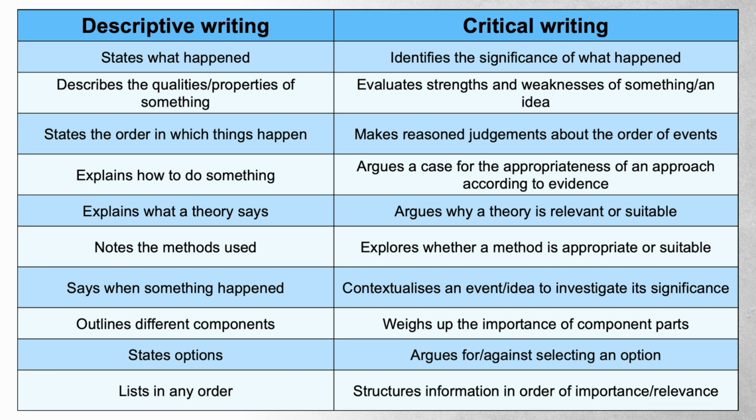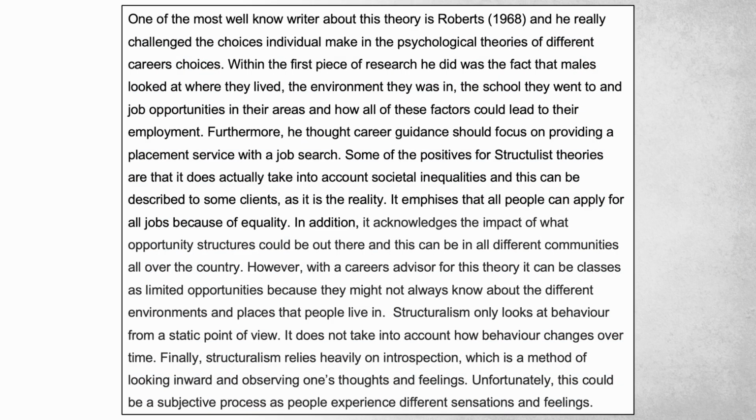If you're looking at theories and what a theory says, argue why that theory is relevant to your practice. So this is a really great table to hang on to ensure you're being critical and meeting the expectations of your assessors. Now let's look at 2 examples.